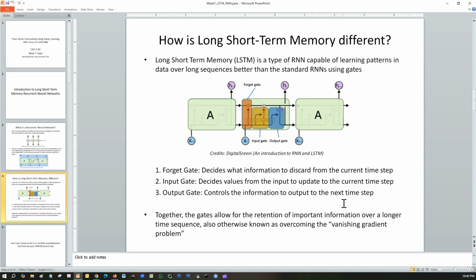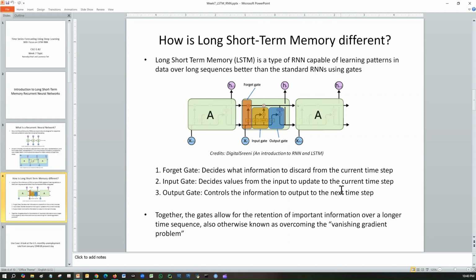Loosely speaking, the regular RNN model forgets quite quickly. This is where LSTM is more powerful than the regular RNN, because the LSTM model is able to use the three gates that we talked about here to essentially control what to forget and what to remember, in terms of what is sent to the next time step.